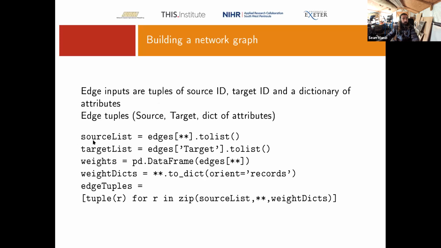And so we create two lists, the source list and the target list. Then we get our weights, which are going to be the attribute that accompanies the source and targets for each edge. Convert that to a dictionary, and then again loop through and create the edge tuples where we have source list, target list, and the weight dictionary.